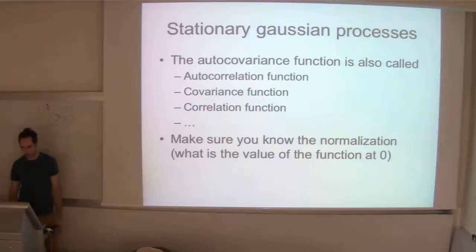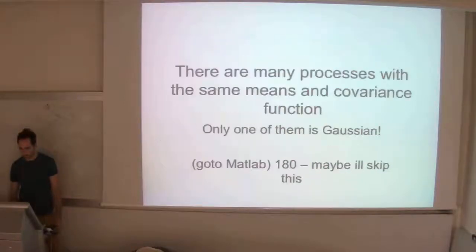Again, you can read about the autocovariance function and the different names and meanings of them. And there are many processes with the same mean and covariance function, but only one of them is Gaussian. And there is an example in the MATLAB. Again, you have the code, and you can run it yourself and see other examples of random processes which are not Gaussian, although they might look Gaussian.